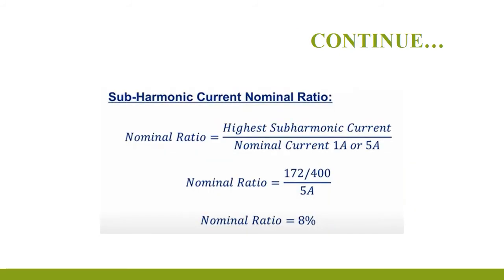So what is the subharmonic current nominal ratio? Nominal ratio can be defined as the ratio between the highest subharmonic current in the system to the nominal current, which will occur between 1 ampere to 5 ampere. So the nominal ratio will be around 8%.